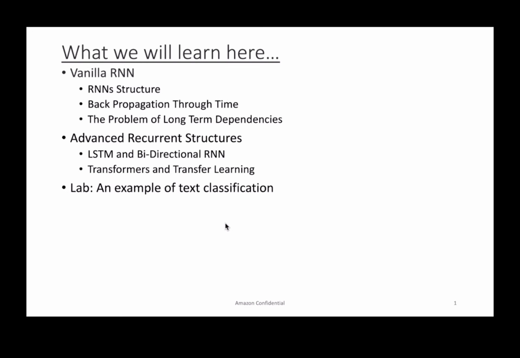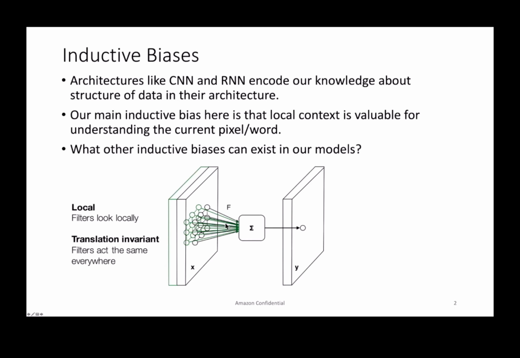In the first session on multilayer perceptrons, we actually talked about something called priors or inductive biases. What I mean by inductive biases is what kind of structure our model is encoding in the network itself, which takes some advantage of the data.